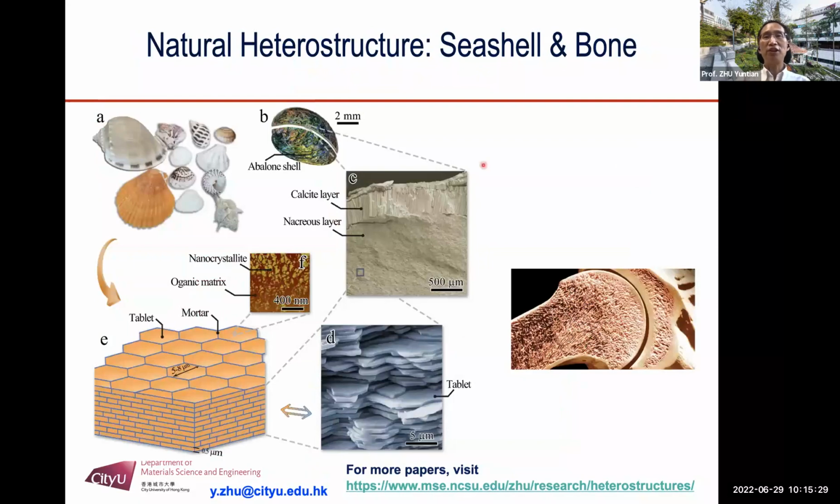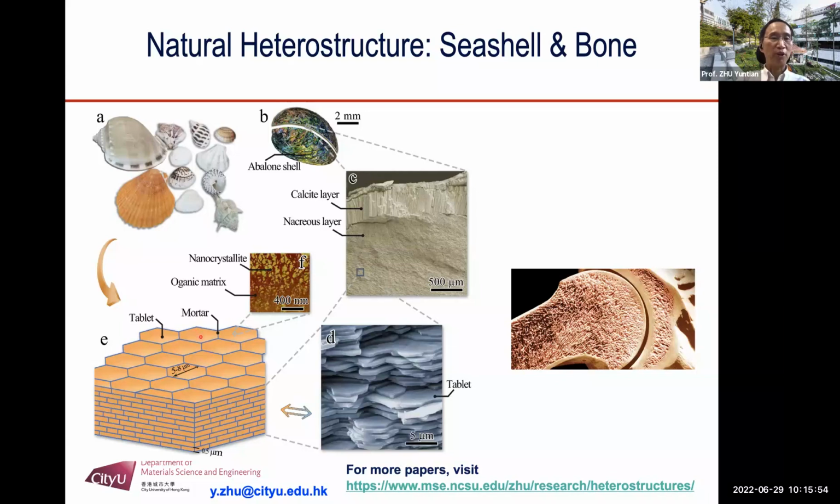Another heterostructure example is seashell and the bones. For the seashell, if you cut open the seashell, you get different layers. Each layer, in this calcite layer, nano-nacreous layer, has many bricks.